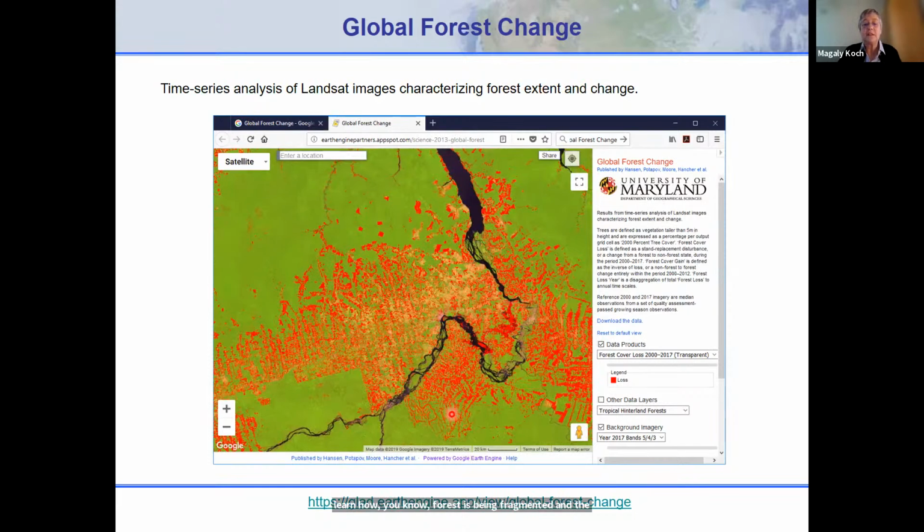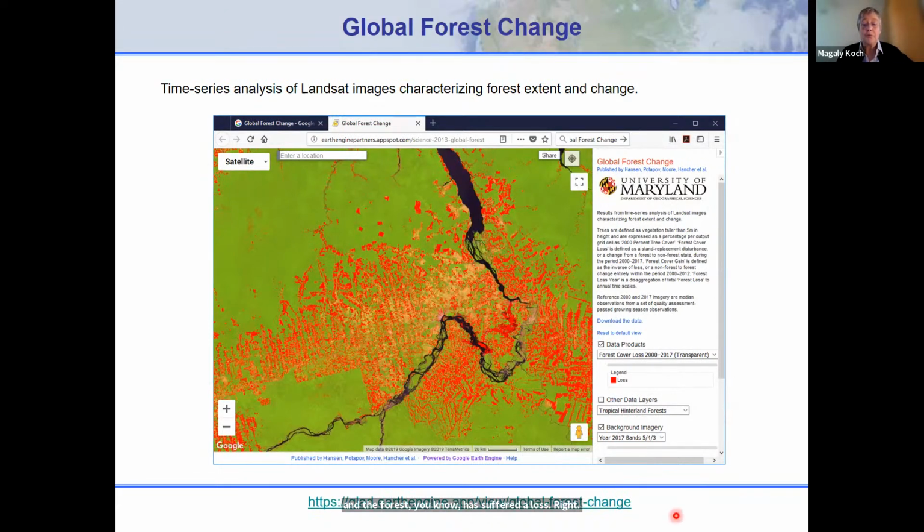So in red, you see those areas, in this case, it's Brazil again, where the trees have been cut, and the forest has suffered a loss, right?